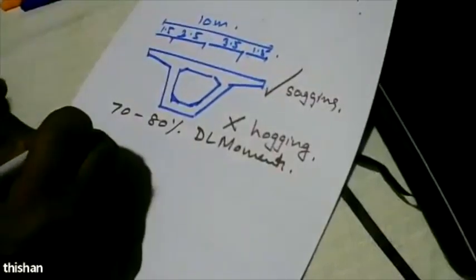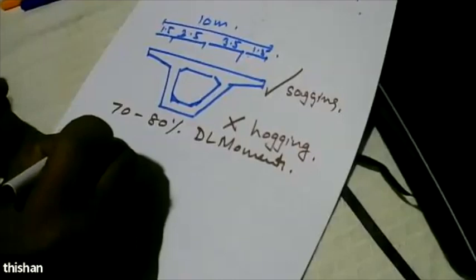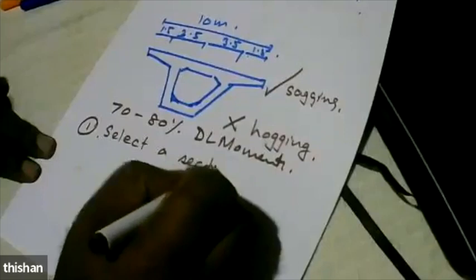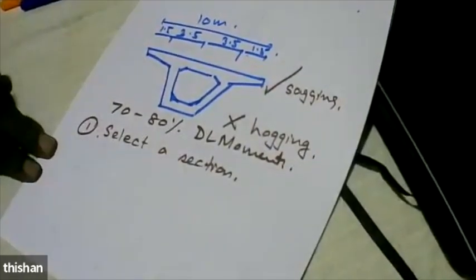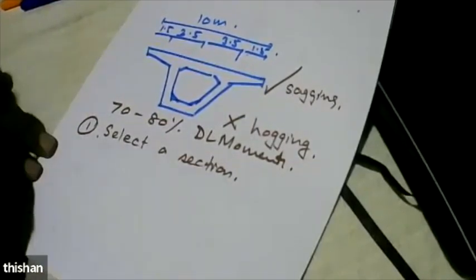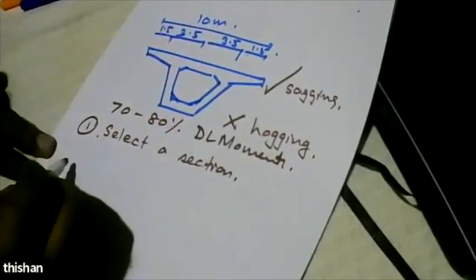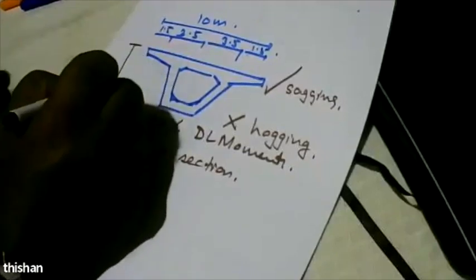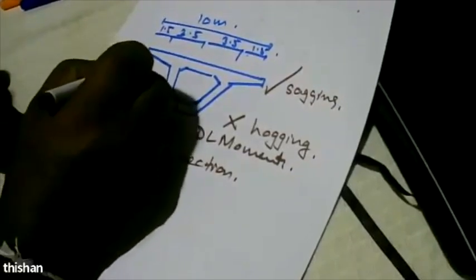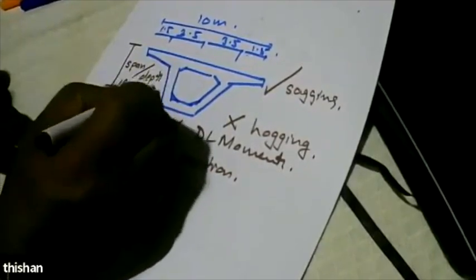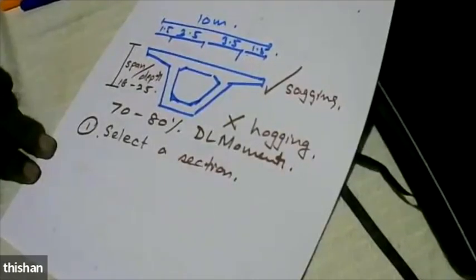Okay, let's see. One. Select a section. Now, when you are selecting a section, do you have to worry about the secondary moments? No. We select the section. And we have to control the deflection. So span over depth has to be something like 20. You can't have 50.